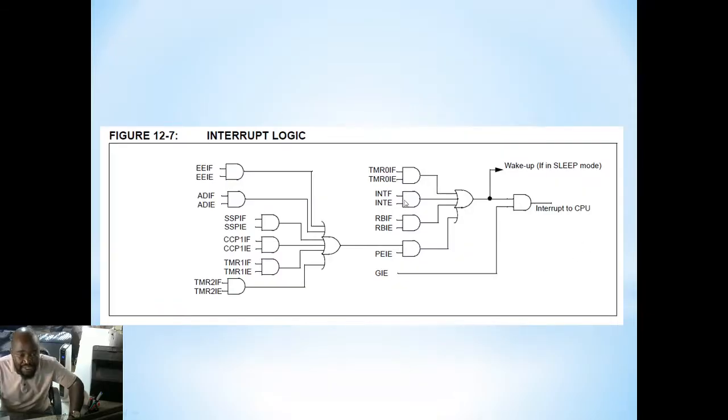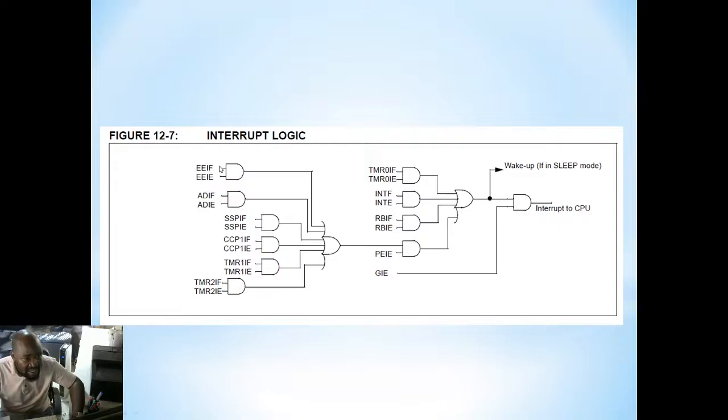So the same principle can be applied to the port B change interrupt. It can be applied to the Timer 0 interrupt. It can also be applied to other interrupts here, because they are all abiding by the same rule. There's an interrupt enable, and then there's an interrupt flag.